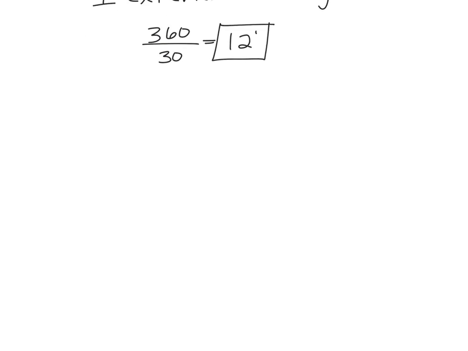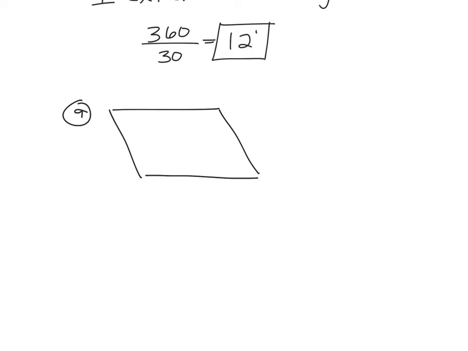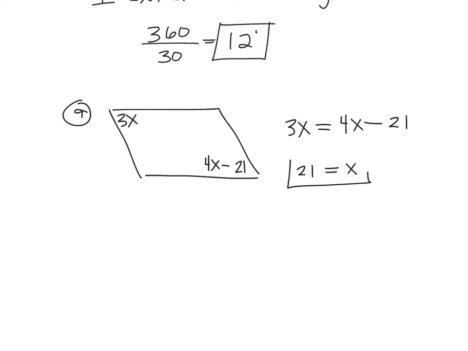All right, if you look at number 9 in that first assignment, it looks something like this. I'm only going to do half of it because the other half is doing the same thing, really. But if this is 3x and this is 4x minus 21, opposites are congruent, so you would set those equal. 3x equals 4x minus 21. So subtract the 3x, move the 21 over, you get x equals 21. If x is 21, and we call this other angle y, you would do 3 times 21 for this top angle up here.